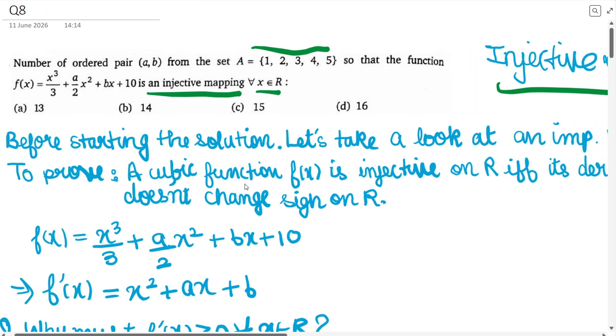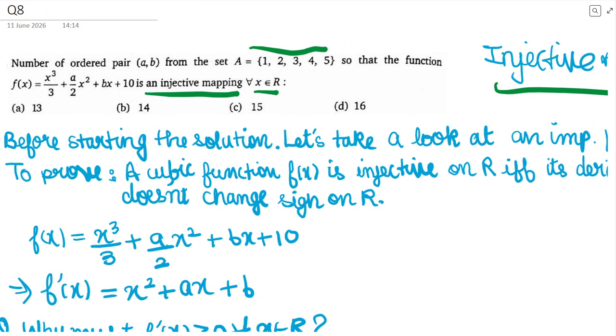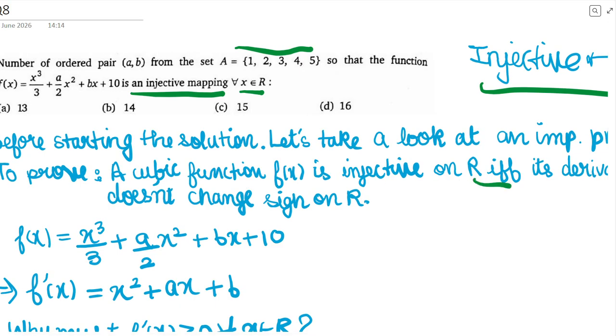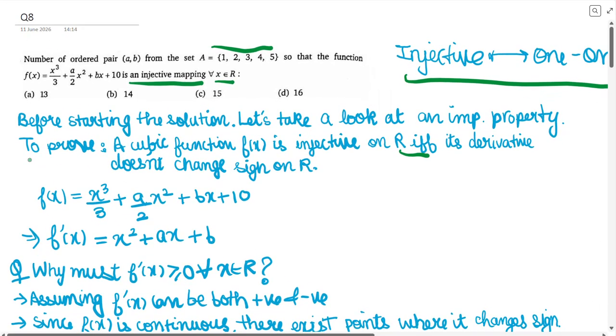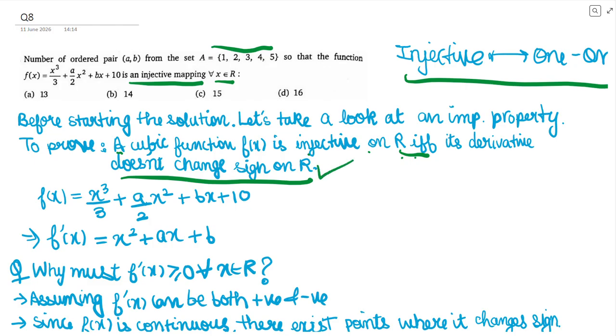A cubic function is injective on R if and only if its derivative doesn't change sign on R. I'll repeat it again: a cubic function f(x) is injective, or one-one, on R if and only if its derivative doesn't change sign on R. I'll also prove it first before starting the solution.